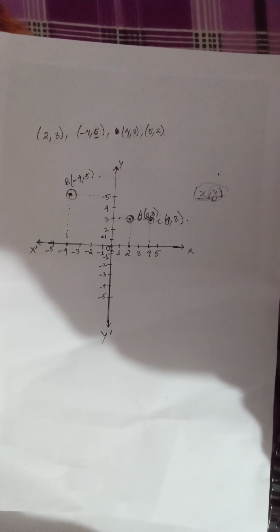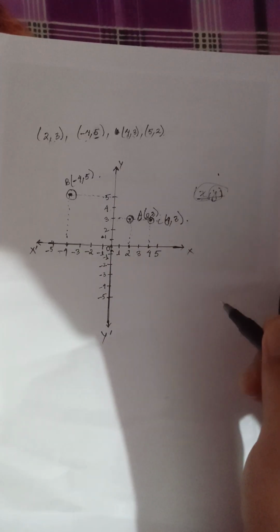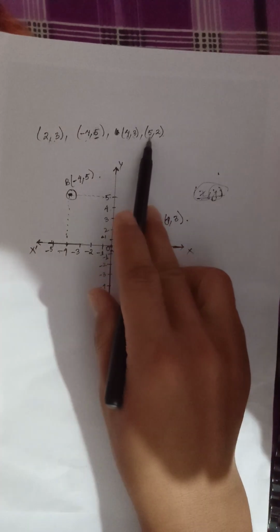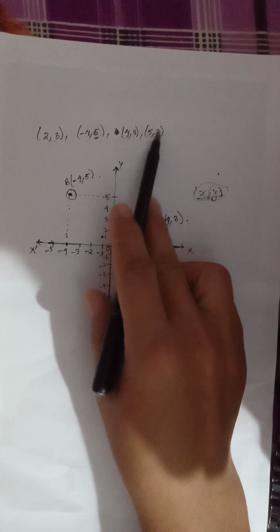Now we almost finish all this, and the only thing that we have left is 5, 2. In order to plot this in this plane, the thing we must know is the sign just before each number. We have to check that.